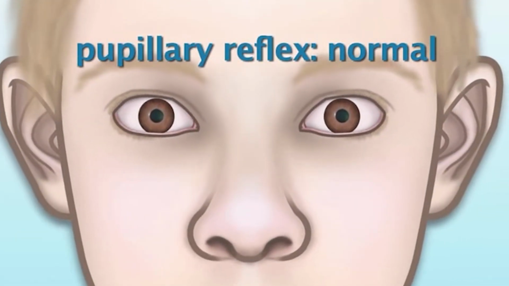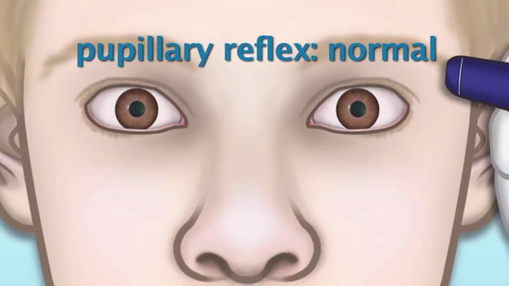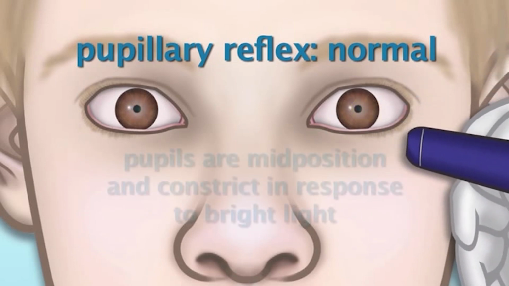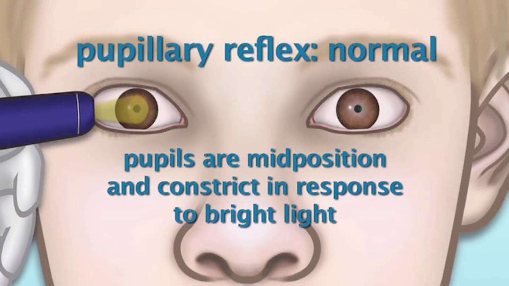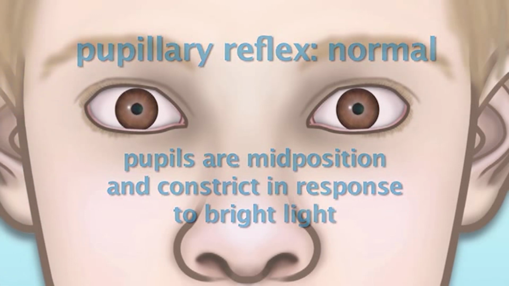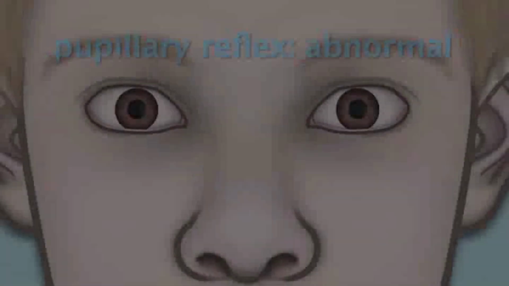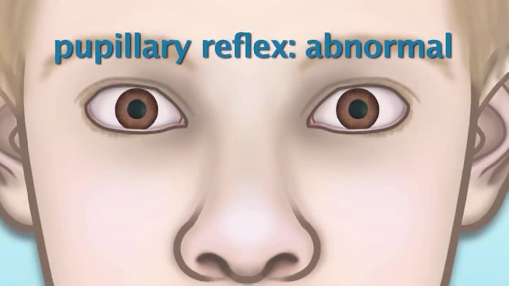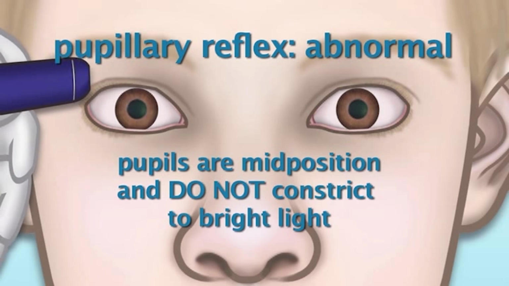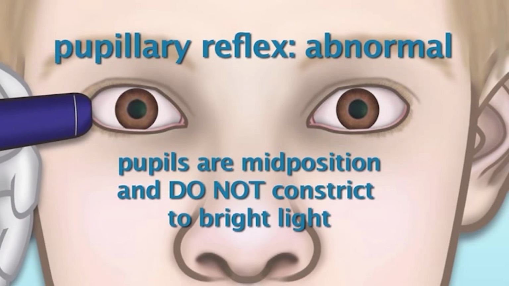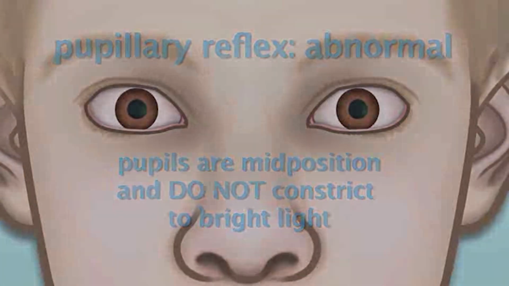Pupillary reflex. With a normal and intact pupillary reflex, you will observe that the patient's pupils are mid-position and constrict in response to bright light. An abnormal pupillary reflex will be demonstrated by pupils that are mid-position, often dilated, and do not constrict in response to bright light.